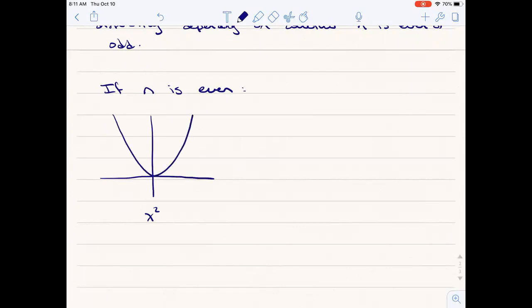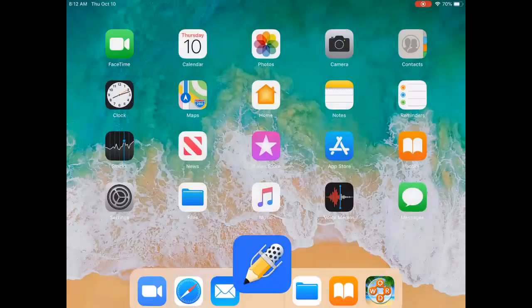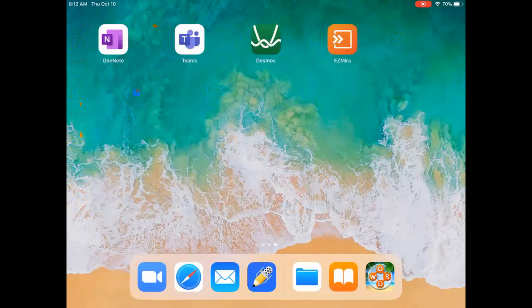But if we go to Desmos and have a look at x to the power of 4 and x to the power of 6 as well, right? Just even powers. Let's see if I can find it.